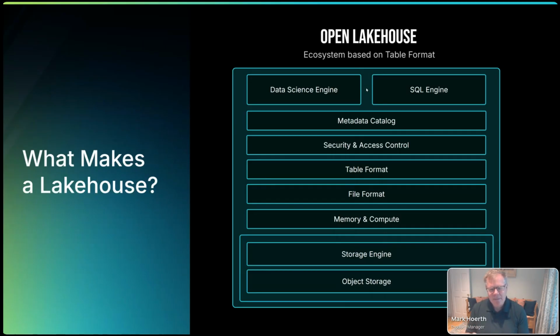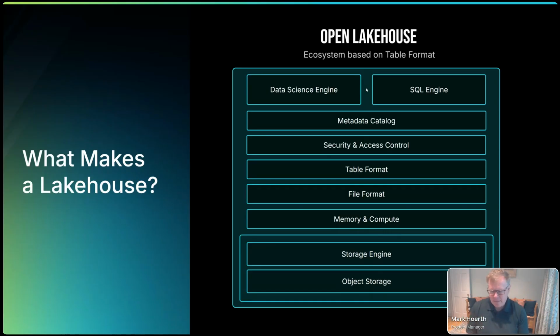The lakehouse is typically broken up into several architectural layers, as you can see in this picture, and the best way to read this picture is to start at the bottom. Back in the days when we had a data lake, you would have object storage and a bunch of files on it. That's still true of the lakehouse, but the primary differentiators involve the intelligence that's added on top of a simple file.